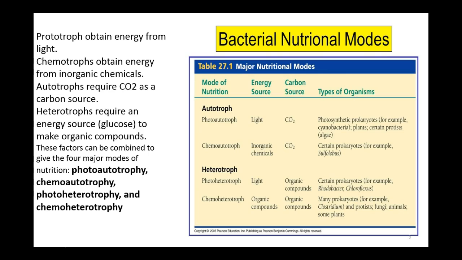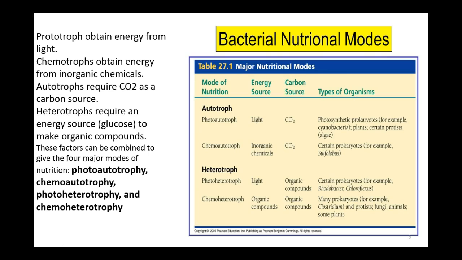Photoautotrophs get energy from light; the energy source is light, the carbon source is carbon dioxide. We think of them as the bacteria that can photosynthesize. We think of certain plants, for example protists like algae, which we'll talk about next chapter, that have the ability to capture light as an energy source and carbon dioxide.